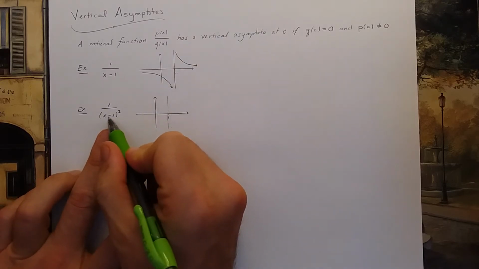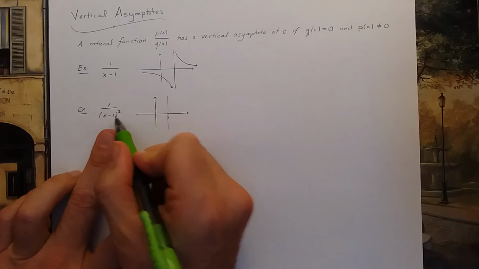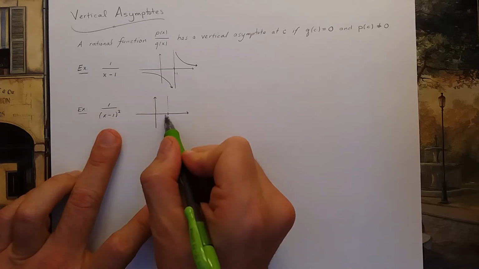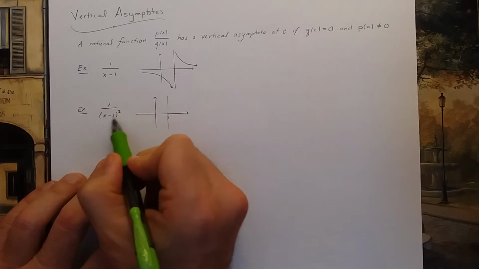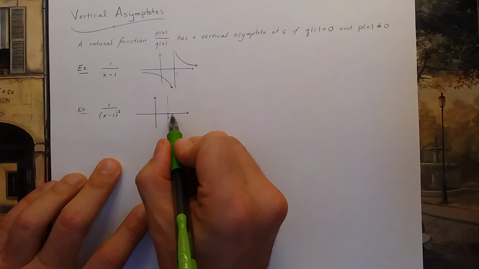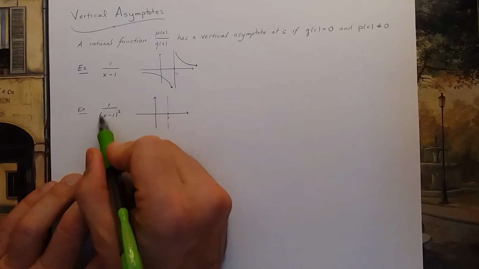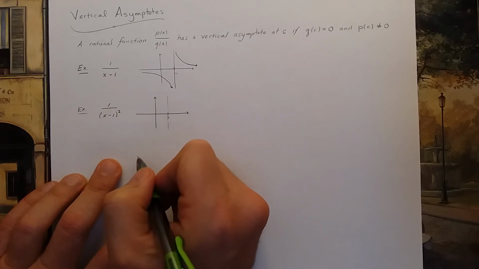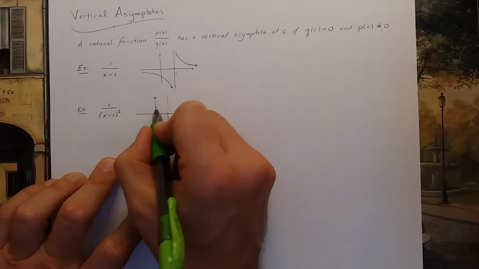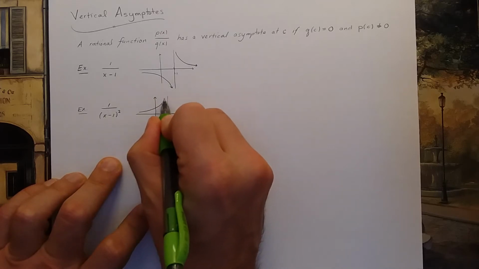If I plug in a number that's close to the asymptote, but a little bit smaller, like 0.9, then this function is positive. If I plug in a number a little bit bigger than 1, like 1.1, this function is still positive. So this function is positive whether you're on the left or the right of the vertical asymptote. That means the graph must go something like this.